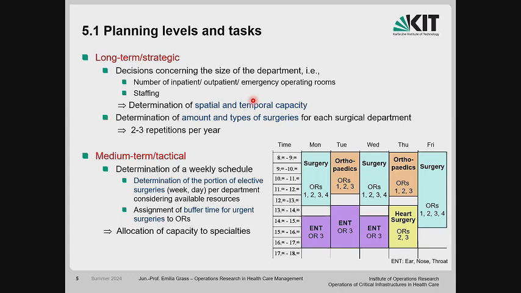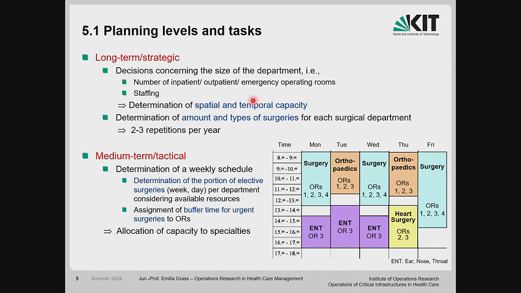And then on a medium-term level, or the tactical planning, this is often done for a week. Every specialty, as I said, radiology, pediatric, oncology, and so on, they all want to get their operating time in a hospital. But the problem is that everyone wants to have as much as possible.